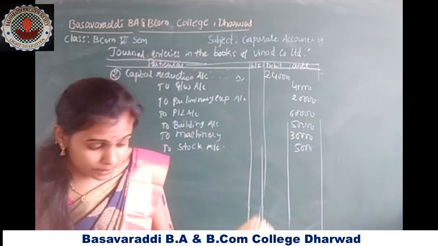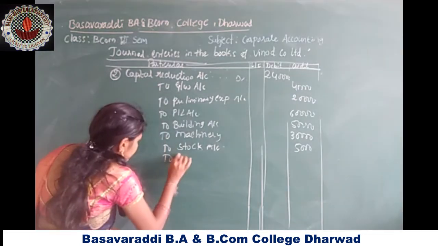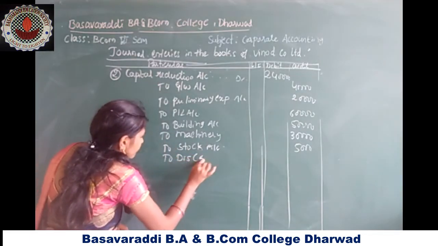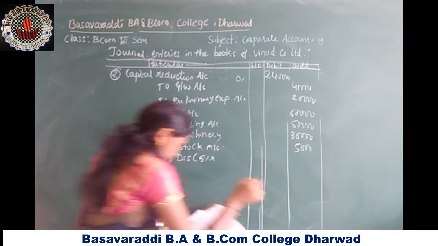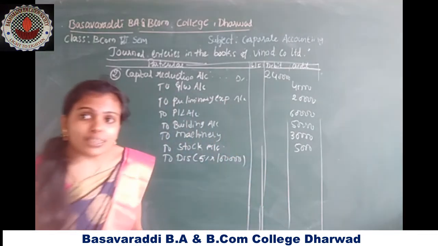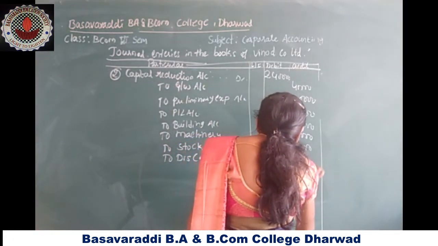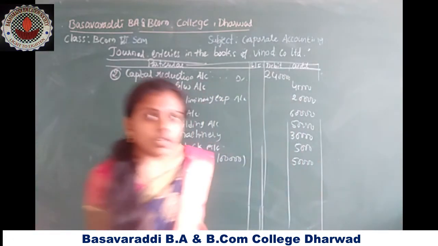Next, debtors. PDD to debtors: 5% into 1 lakh is equal to 50,000.